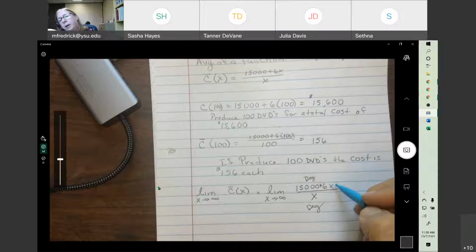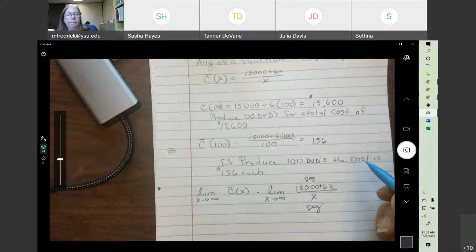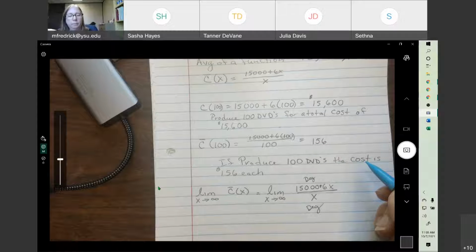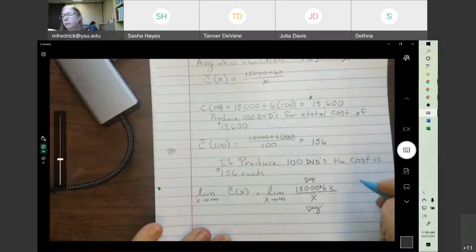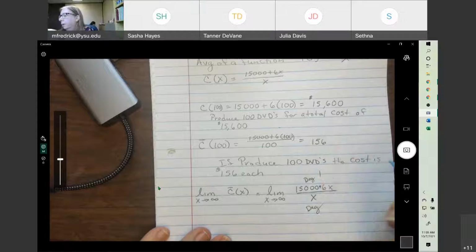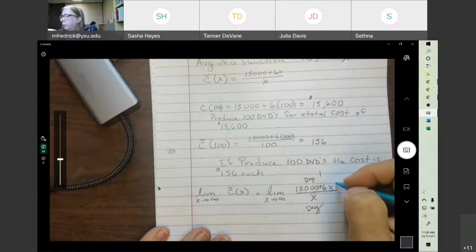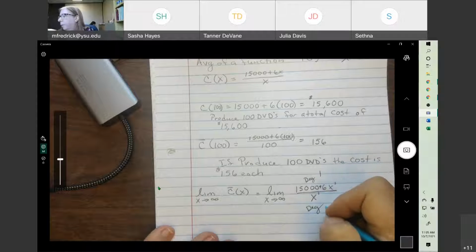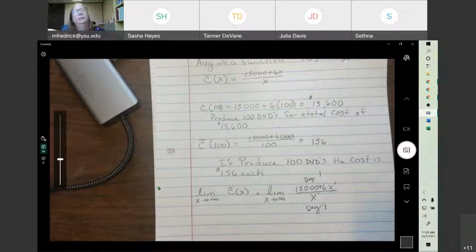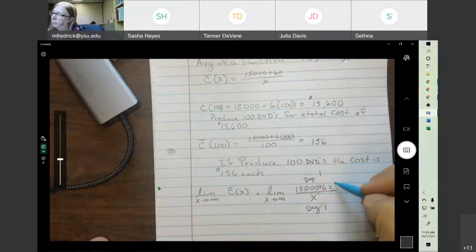So the degree on the top would be what? Anyone? One. Remember, when there's no numerical value for your exponent, it's a 1. So the degree on the top and the bottom are both 1. So when there's no number, it's a 1.